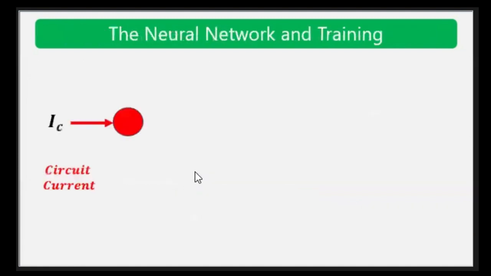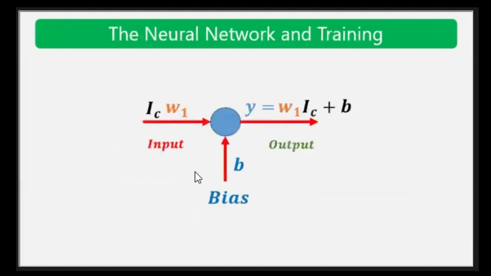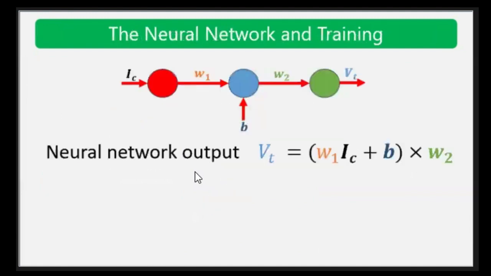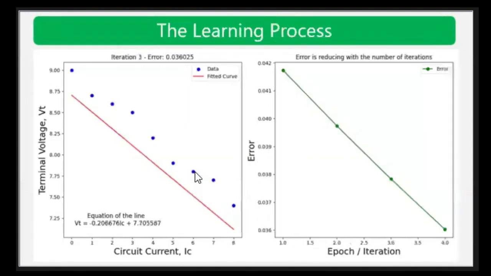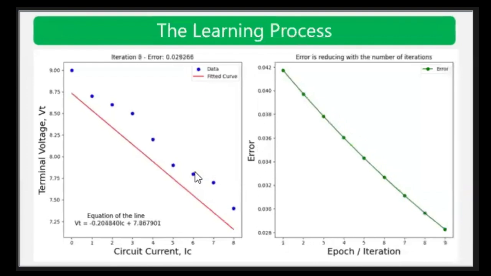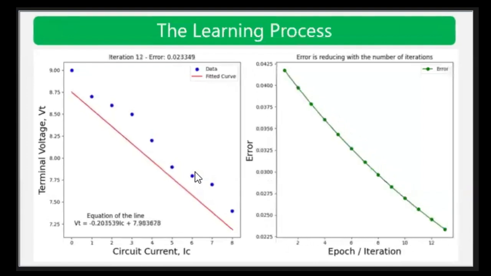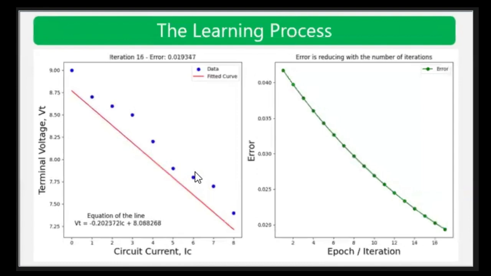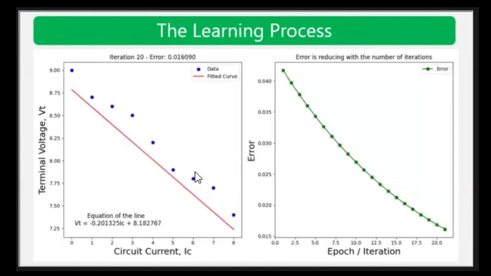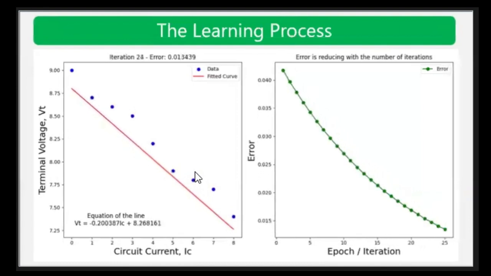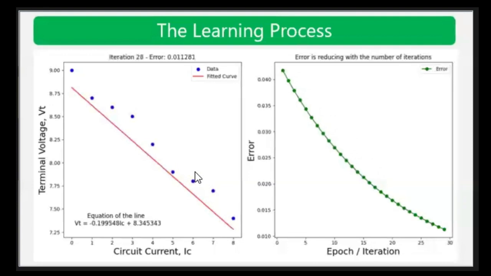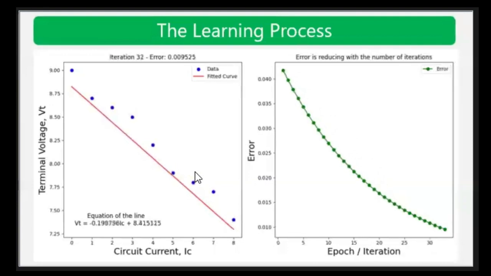So what is going to happen here? This is the way the AI learns. I'm going to show an animation. Every time the training happens, this is the straight line, the weights are changing, and the error is going down, and this line is approaching the blue line. You see?